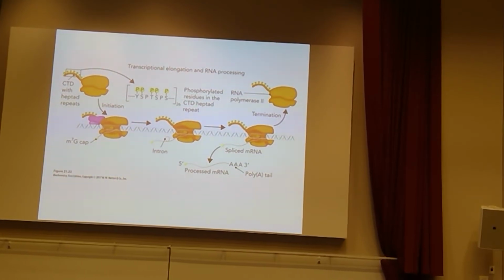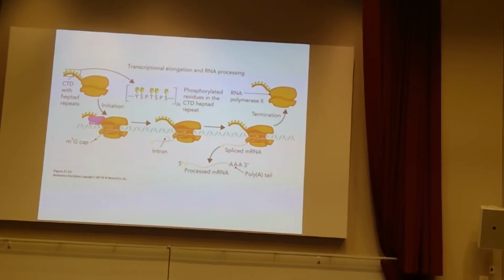And then as the RNA begins being generated, we're going to begin the process of removing the non-coding portions of the RNA. That is the excision of these introns, and we'll talk more about that in just a bit.